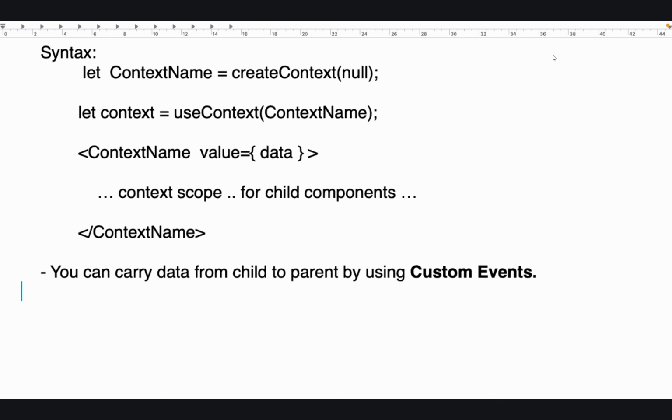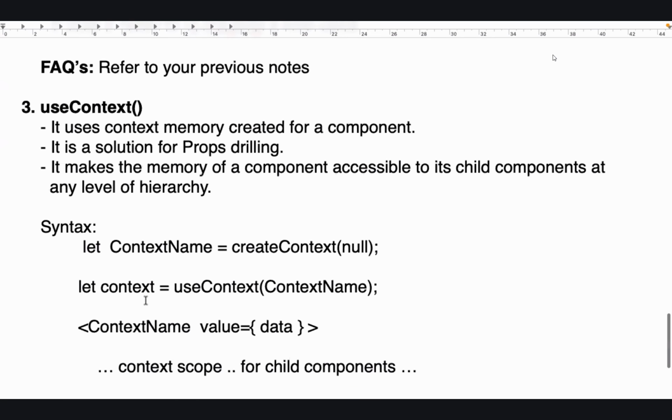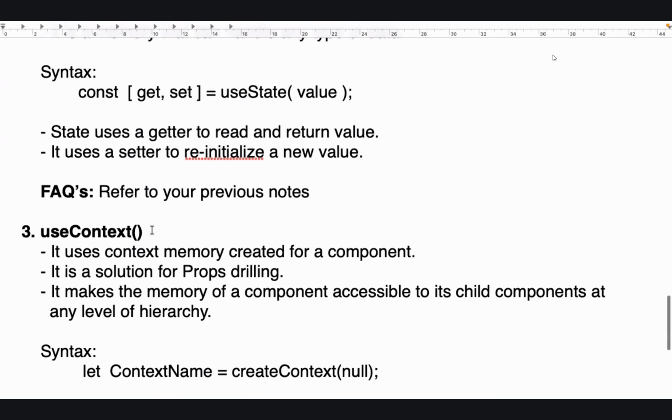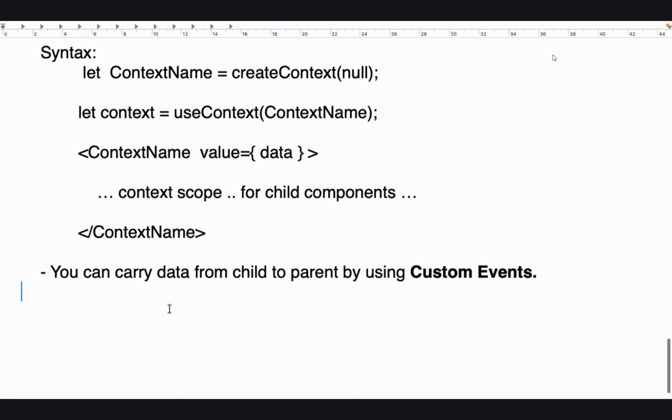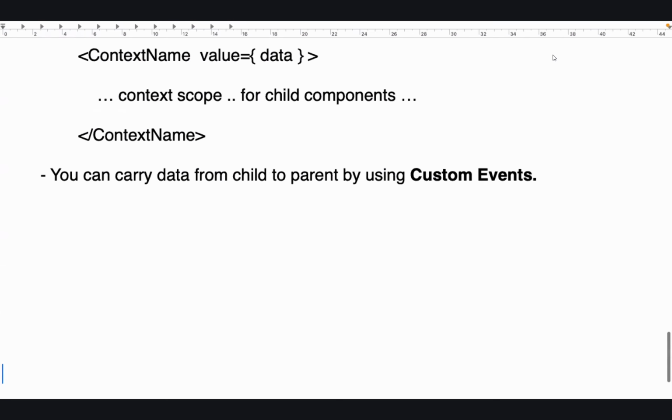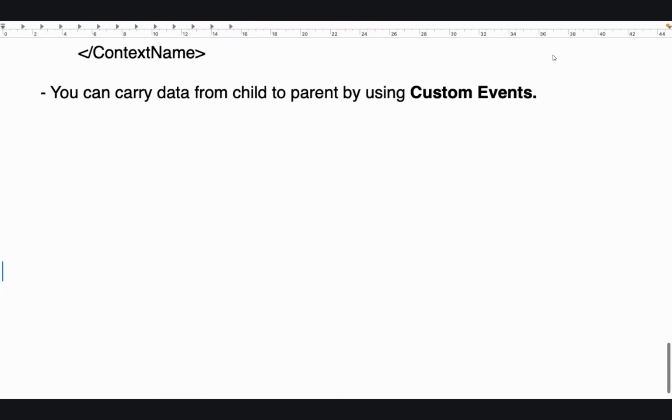So this is another one for memory: useState and useContext. These are for memory. The next one you learned, which is also important, is useRef.